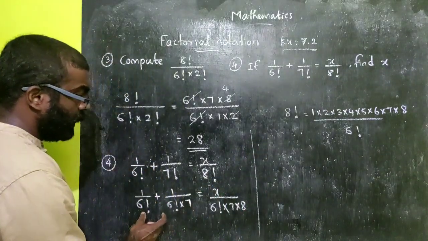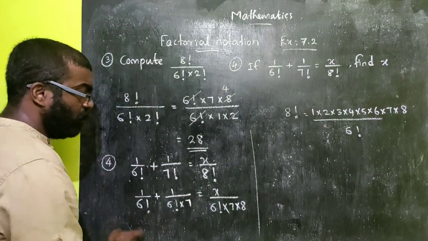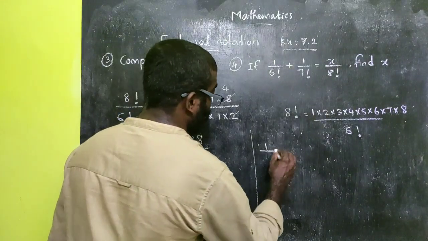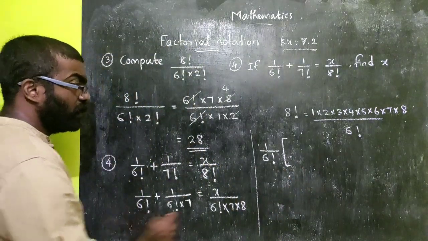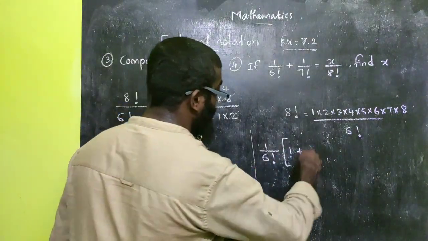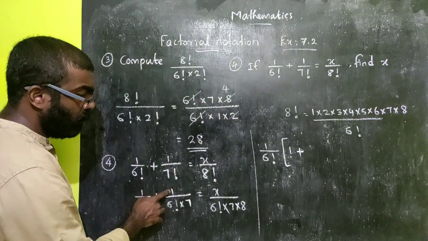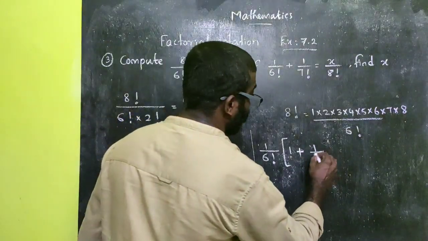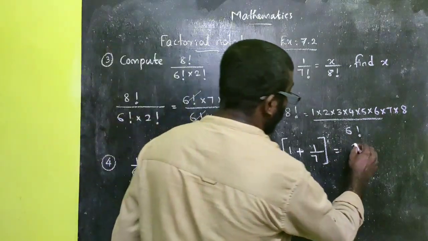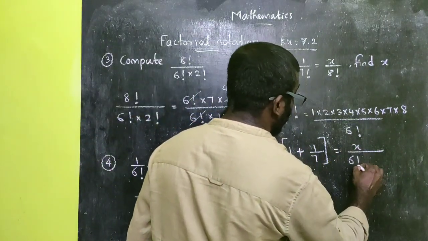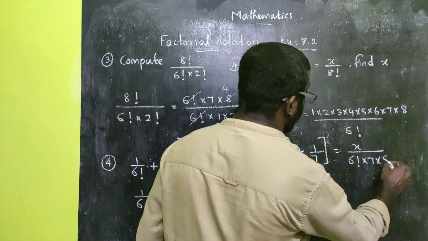And from this LHS part, we can take 1 by 6 factorial common. So 1 by 6 factorial into, in the first term the remaining is 1, and in the second term 1 by 7, which is equal to x by 6 factorial into 7 into 8.